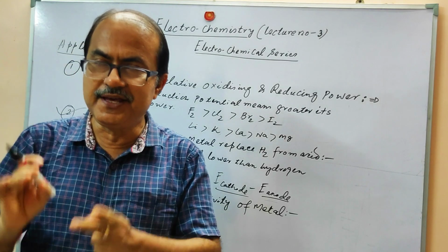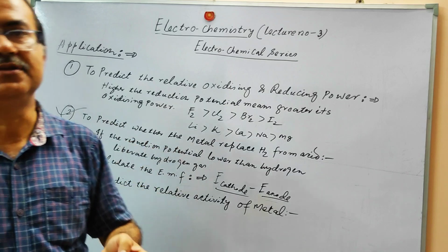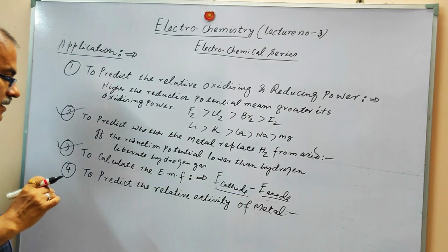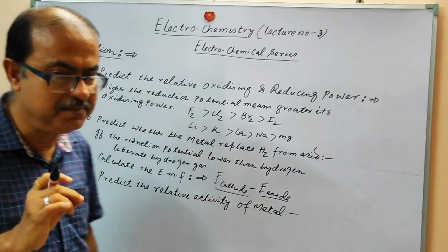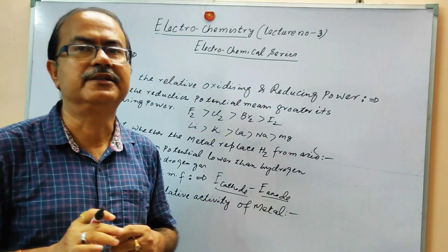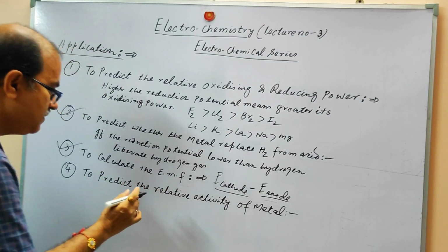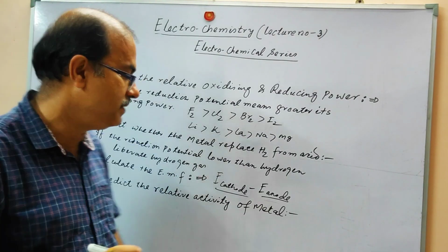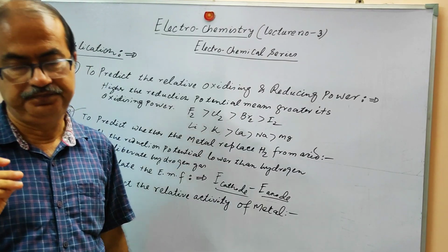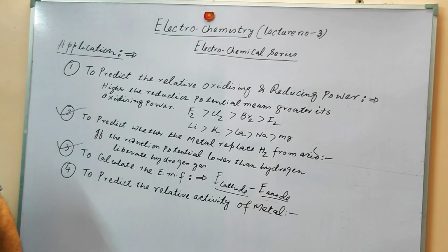It can replace the other metal which has the higher reduction potential, meaning lower oxidation potential. So this active metal will have the lower reduction potential, and we can arrange the activity in decreasing order in this way.